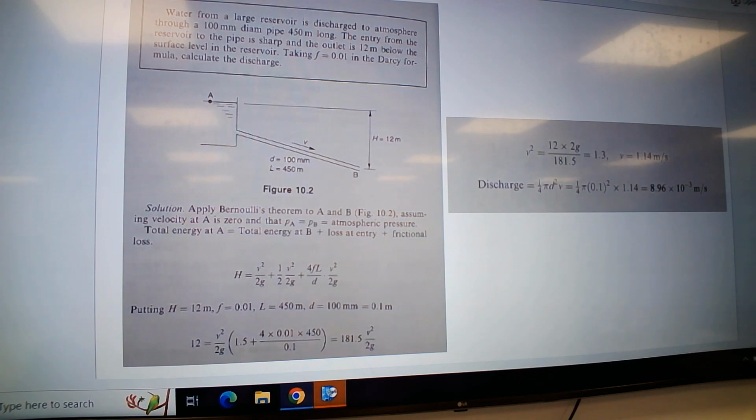So we write the equation H equals V squared over 2g plus V squared over 2g plus 4fL, the Darcy's formula, V squared over 2g. So we just put that in.